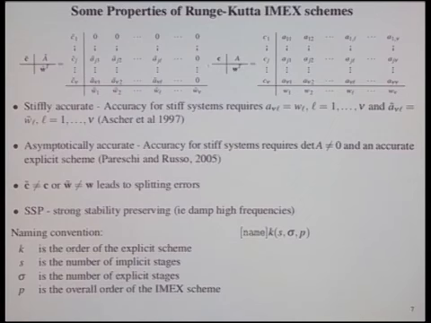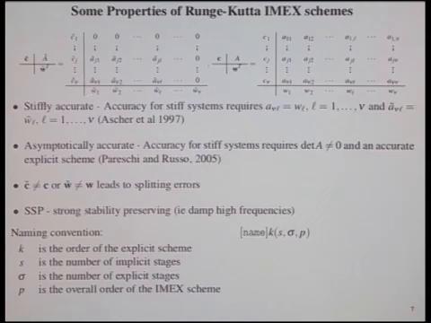There are two different definitions. Ascher et al. said in order for a scheme to be stiffly accurate, you want this last row to be the same as that last row, and this last row to be the same as that last row, which is really a big constraint on the scheme. There's a lot fewer schemes you can use that have got those two rows the same and those two rows the same. What that gives you is that your final stage is implicit, which is kind of what you want. You think if it's nearly divergence free, you want your final stage to be implicit.